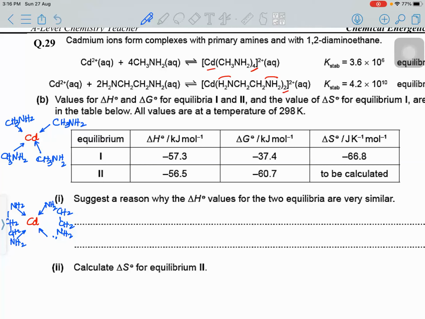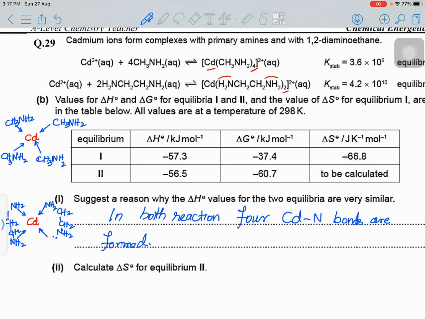So in both cases the same number of bonds form, or you can say that 4 cadmium-nitrogen bonds form in both reactions.